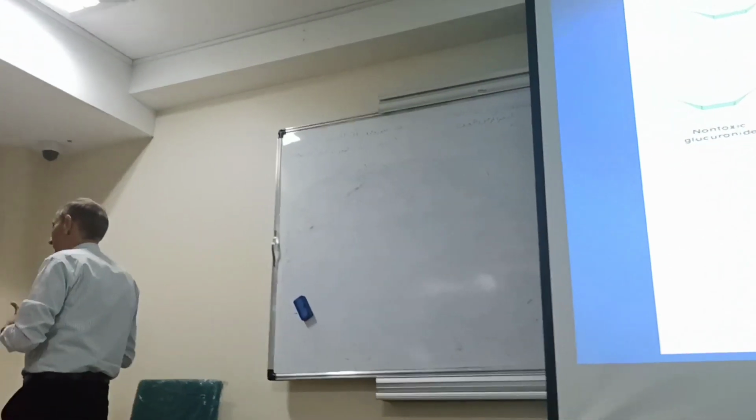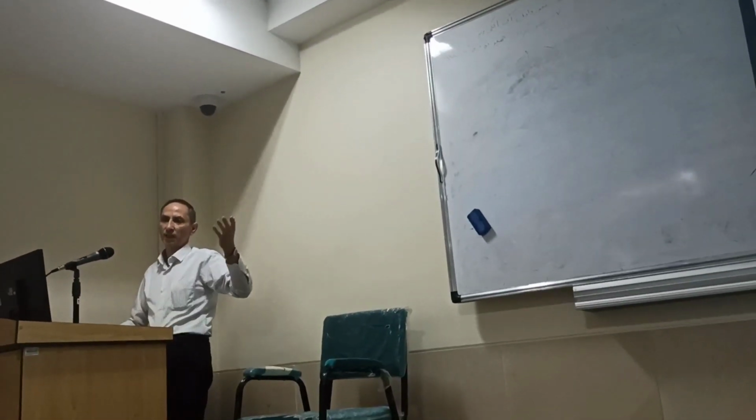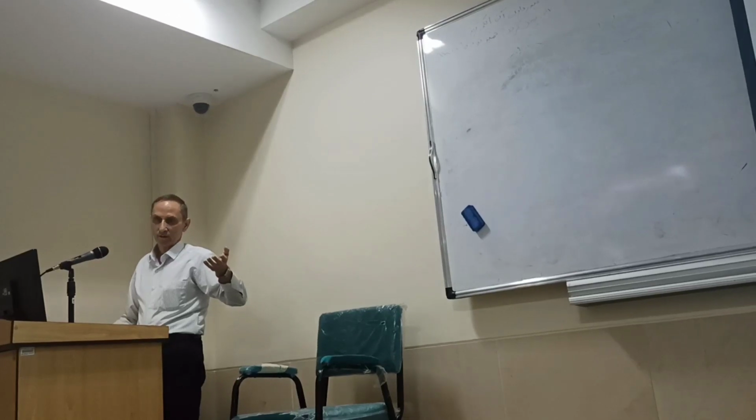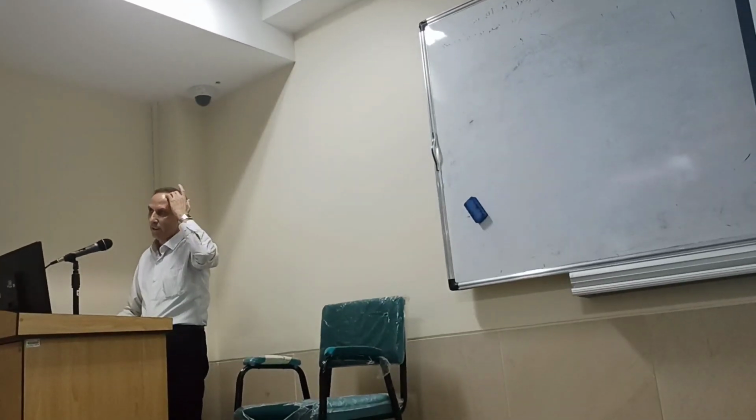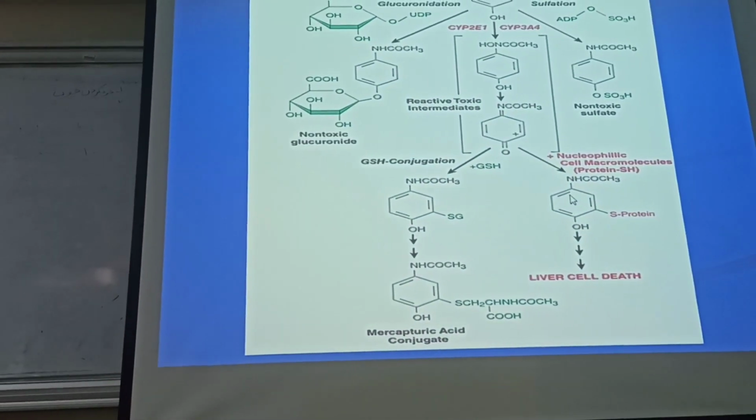But in cases of high doses of acetaminophen, for example, in suicides, we have a high amount of acetaminophen, and then we have accumulation of quinone metabolite, which is hepatotoxic.